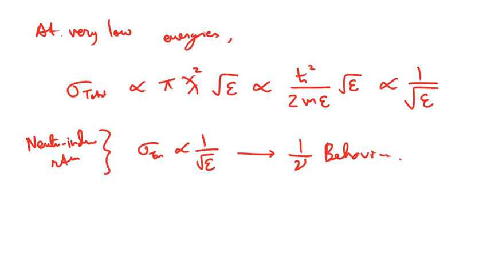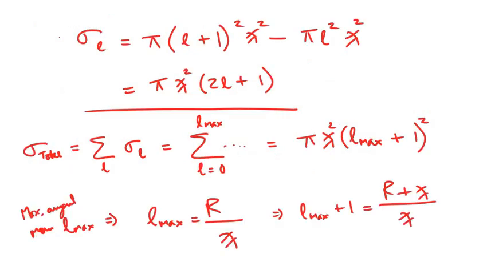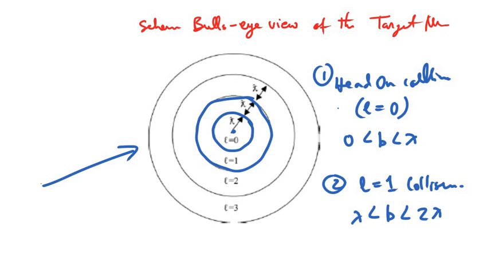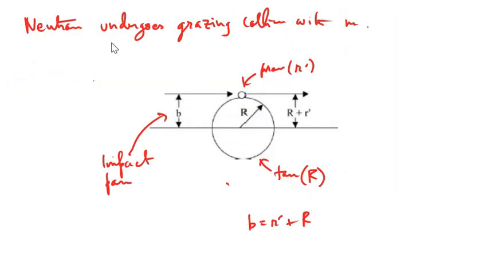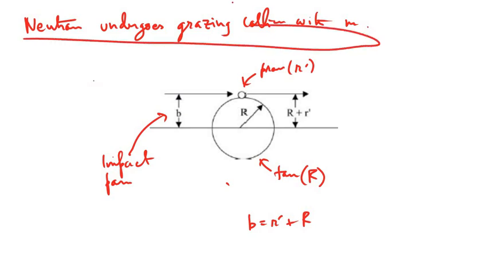Now, we have considered the case when the projectile is a neutron. See, this was the bullseye picture. We considered the case of a neutron undergoing grazing collision with the nucleus.